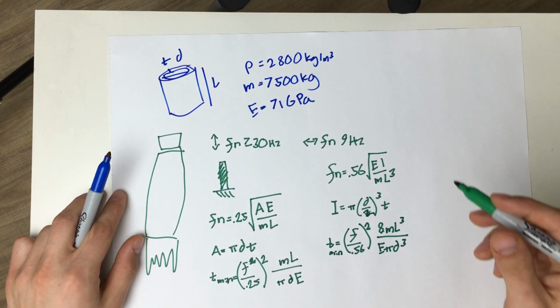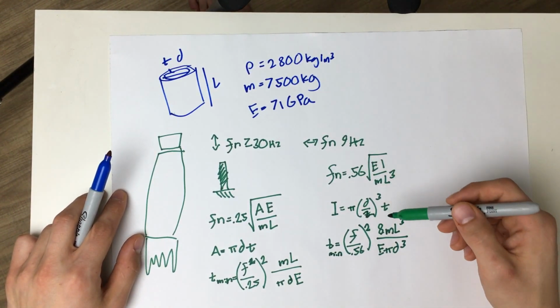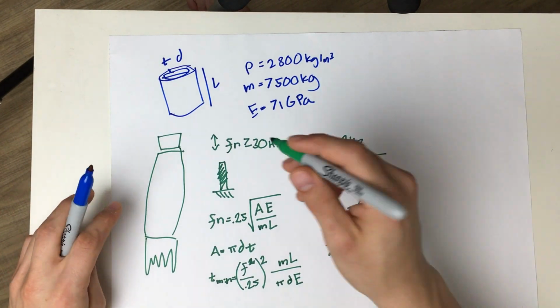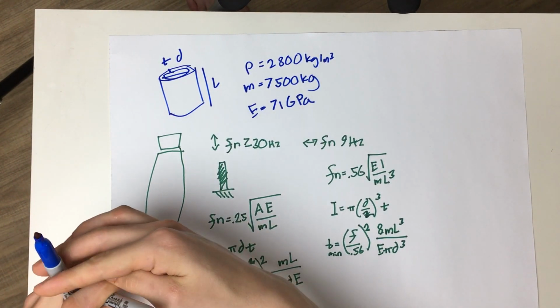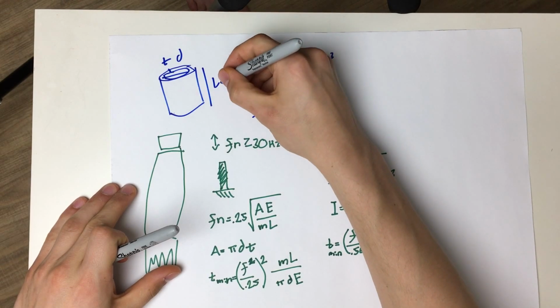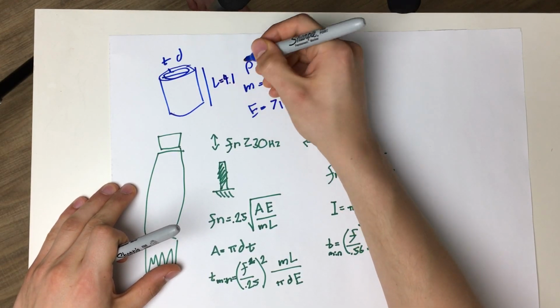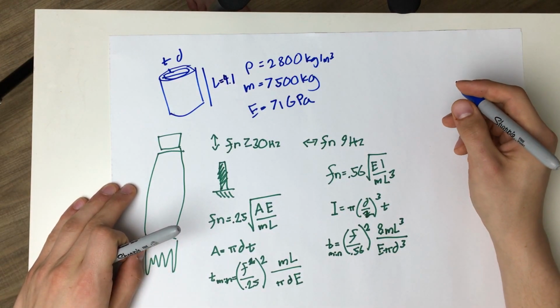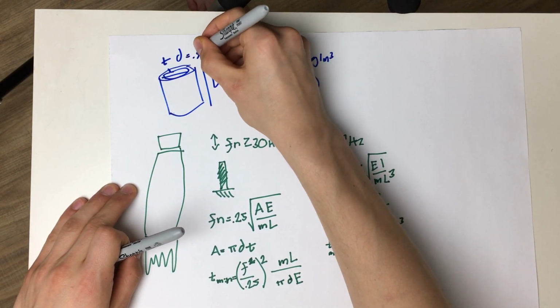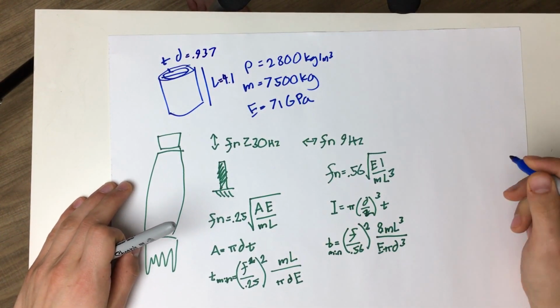Alright, so let's see. Do we have all these? We have the mass, and for the length, let's say our length is going to be 4.1 meters. We know that the diameter will be, say, 0.937 meters.